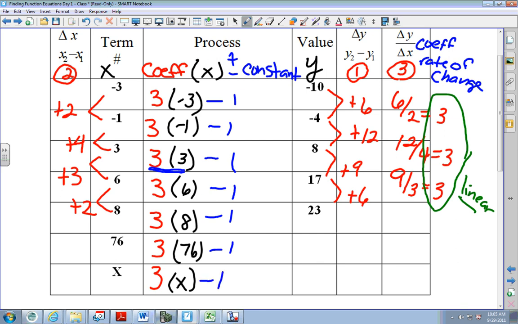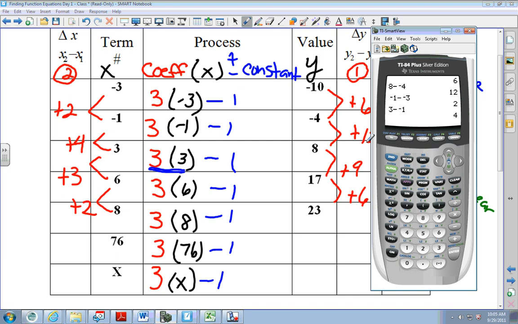Now I need to go and check. I'm going to go in my calculator. I'm going to put in there 3x minus 1. And we need to go to second graph. And, I'm way up high, so let's go to second window. Go to where it says 0. And second graph. Now I'm going to start here and look.